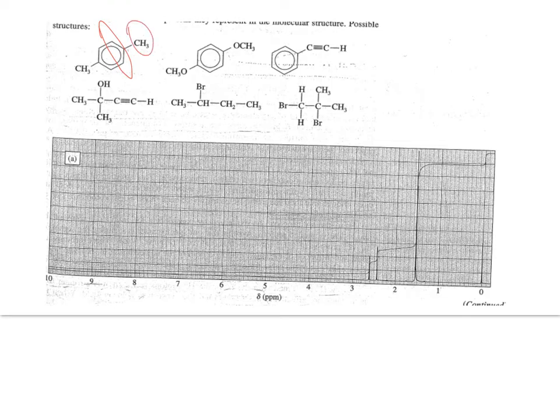This will be about 7.2, and this is going to be about 2 to 3. And this is going to be a singlet because of the N+1 rule. They don't have any neighbors. These hydrogens here have a hydrogen next to them, so it's going to be a doublet.